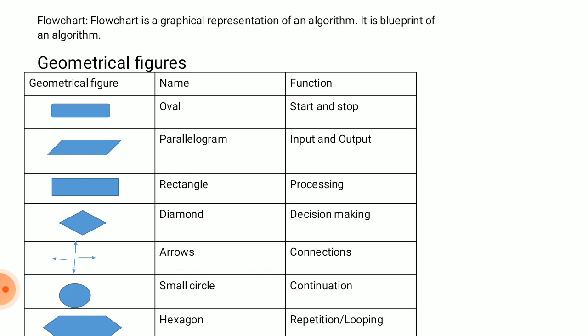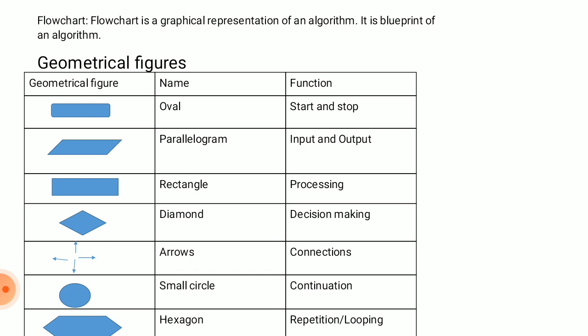Then next are arrows. Arrows point left, right, top, bottom. These arrows are used for connections, to connect the figures. If there is no connection, there is no flowchart, simply some figures. If you connect each and every figure, then only it becomes a valid flowchart.